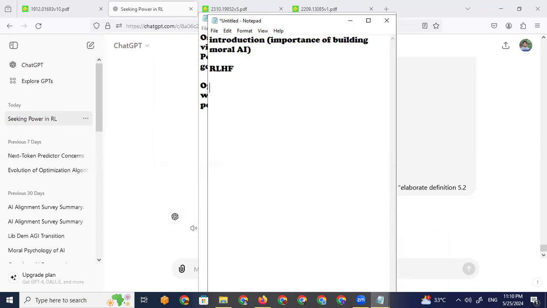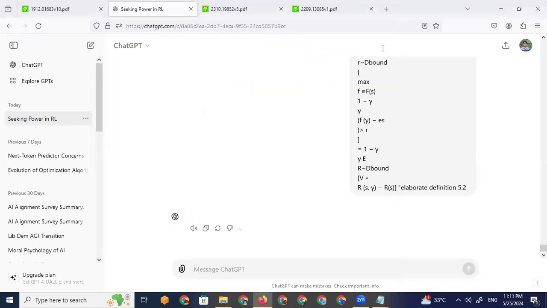The idea of RLHF: using reinforcement learning to fine-tune our model based on a reward function that we will train that understands human preferences. So we'll put in RLHF there, and then maybe come up with this paper that we have read, the power seeking paper. We'll critique RLHF.